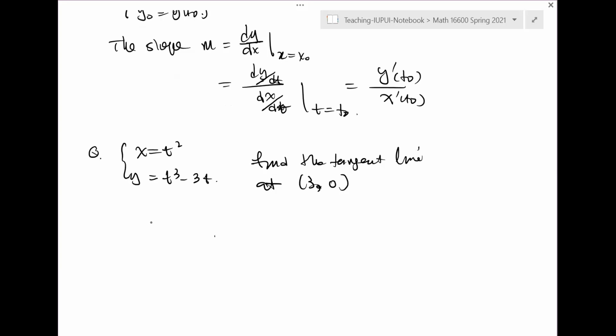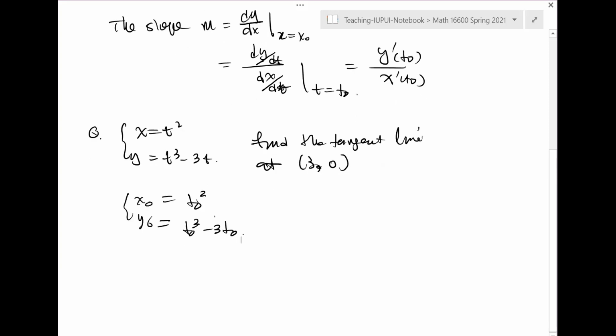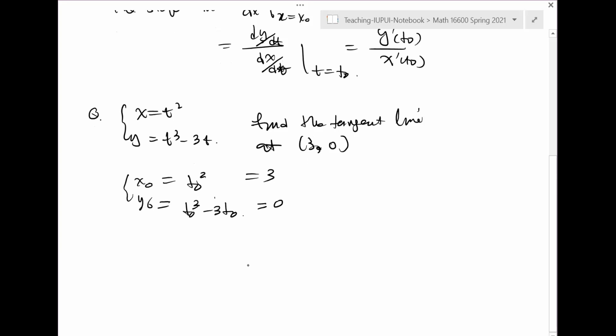So first of all, this is x now, right? So you need to find the value of t. Which equation you prefer doesn't matter. So x is going to be 3, y is going to be 0. And you will see that the second equation here gives t naught, right? So as long as the first equation holds, the second holds.